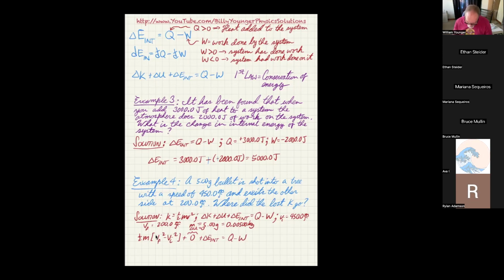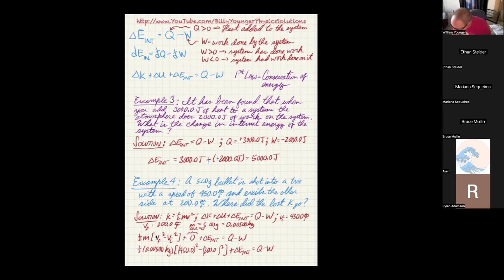Okay. So when I go to do that, I'm going to say 1/2 of 0.00500 kilograms times 450.0 squared minus 200.0 squared plus delta E internal is equal to Q minus W. So when I do this, 450 squared minus 200 squared gives me essentially 162,500, which should have 4 sig figs, so that's to the nearest hundreds place.